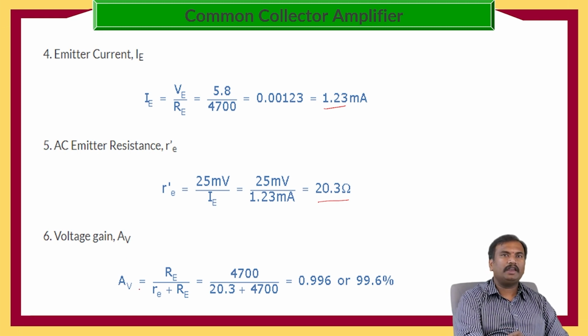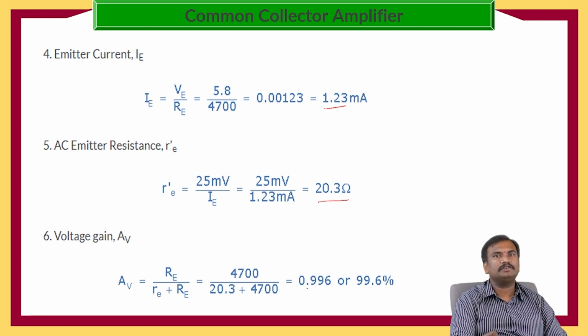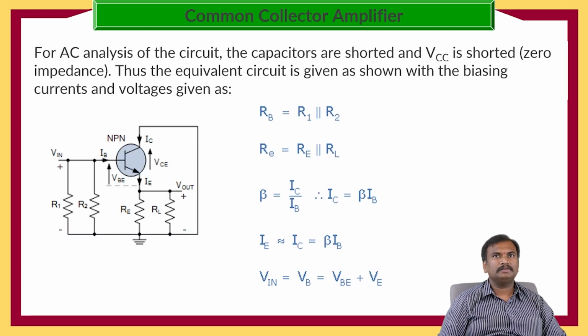And the voltage gain AV is equal to RE by RE dash plus RE, which is equal to 4700 by 20.3 plus 4700, which is equal to 0.996 or 99.6%.